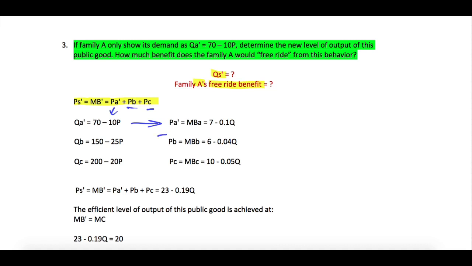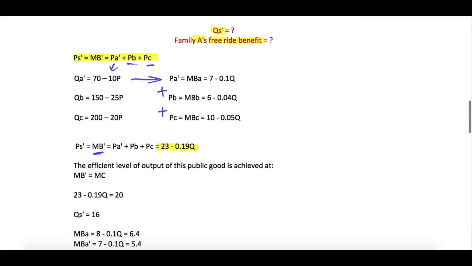By adding up all the demands, you get the new demand curve for this public good in case of free rider, which equals 23 minus 0.19Q.